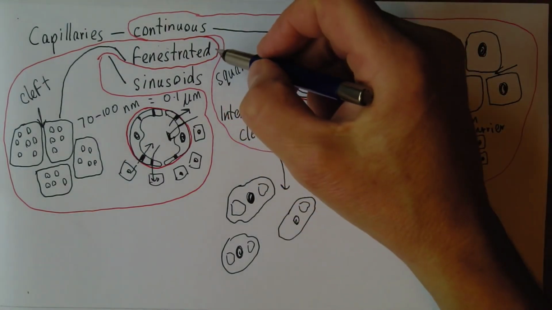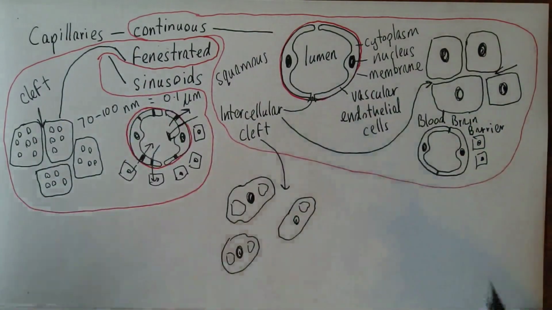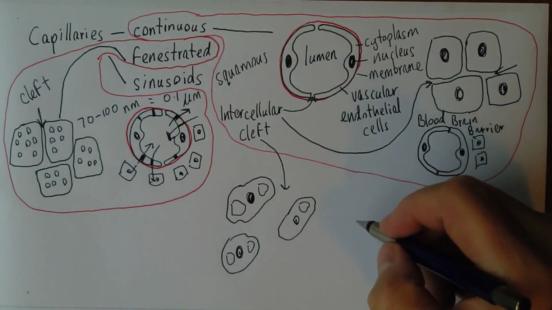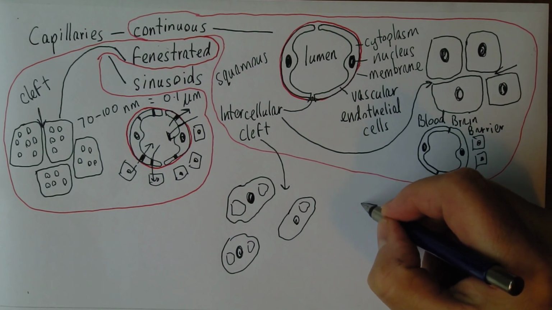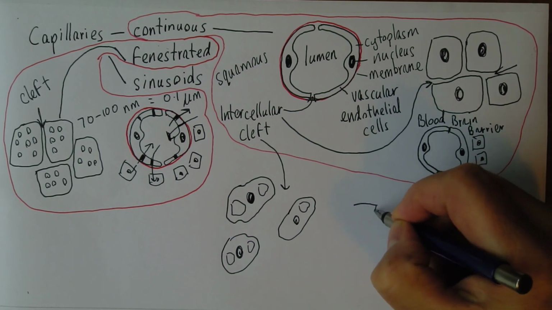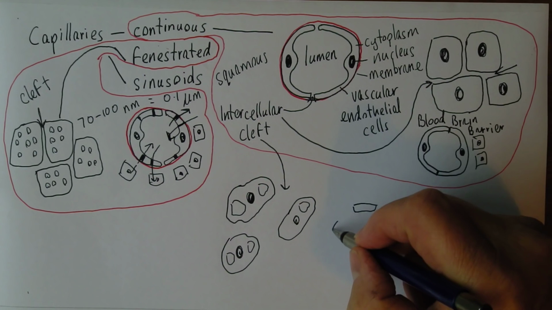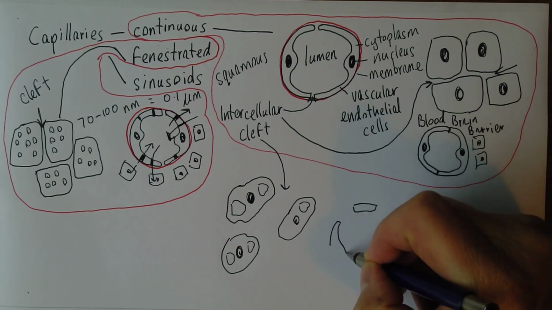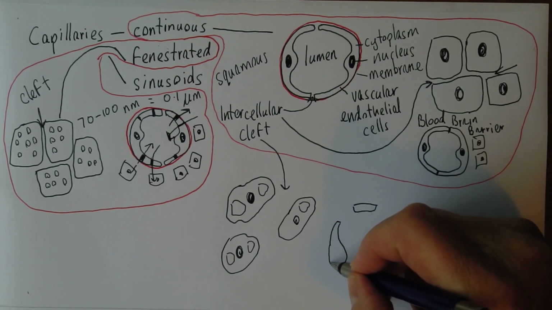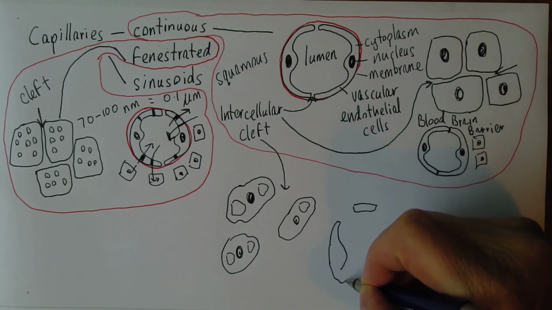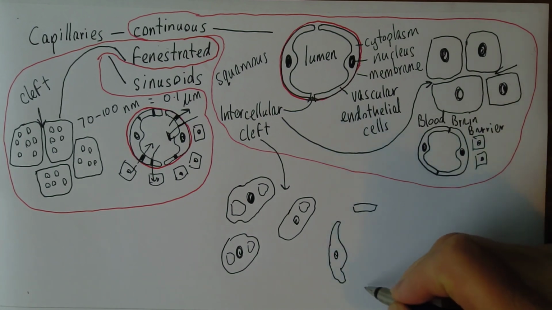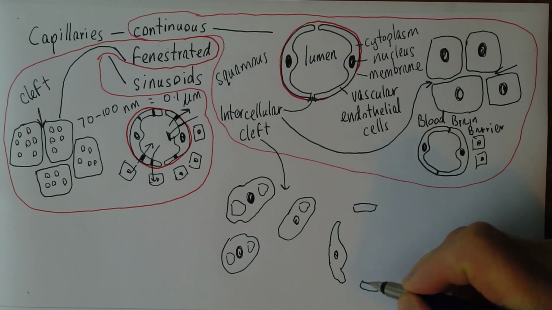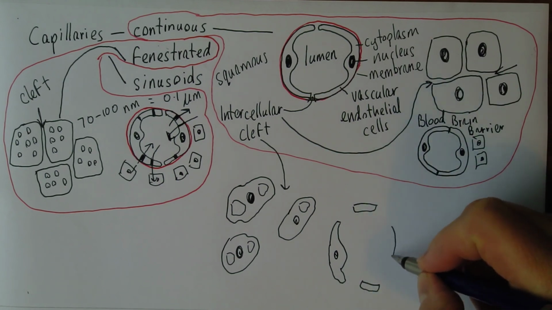Sometimes these are called discontinuous capillaries because it's almost as if the wall is discontinuous. And if we looked at it from the side, we would see that there are large gaps in the cellular structure. So large gaps in the cells.